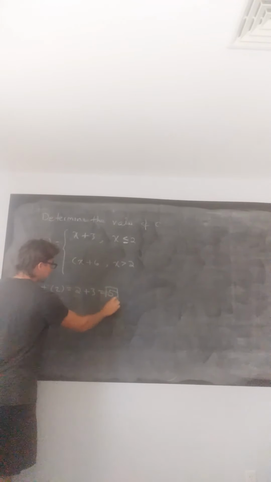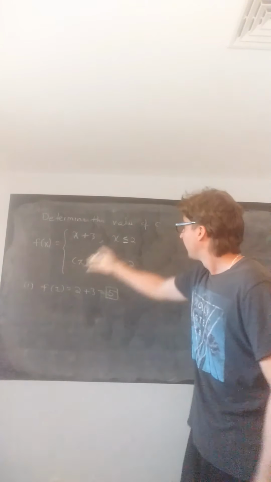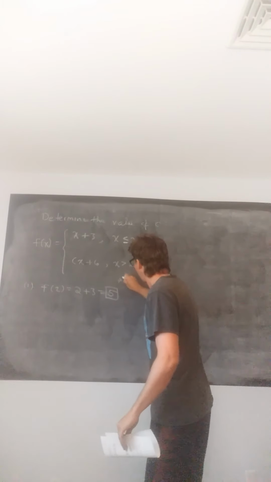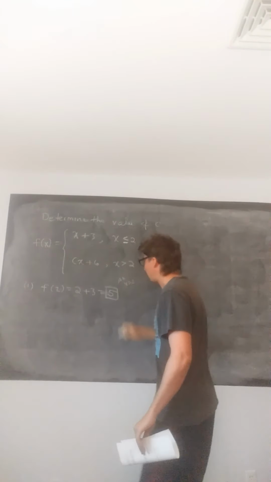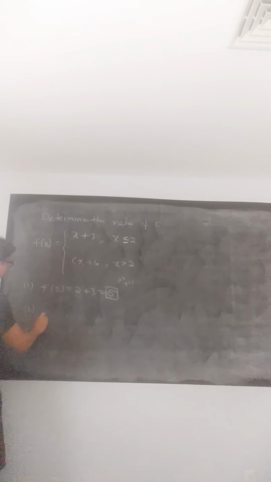So 5 is that value that our limit has to be, and if it is, then we know it's continuous at x equals 2. So this is continuity at x equals 2. That's what we're checking out here. The second thing we're going to look at is the limit as x approaches 2 of f of x.